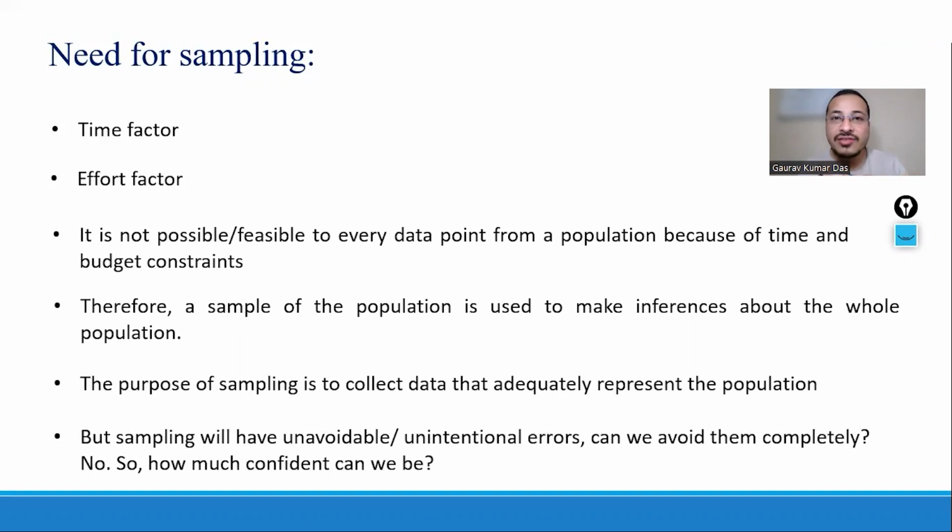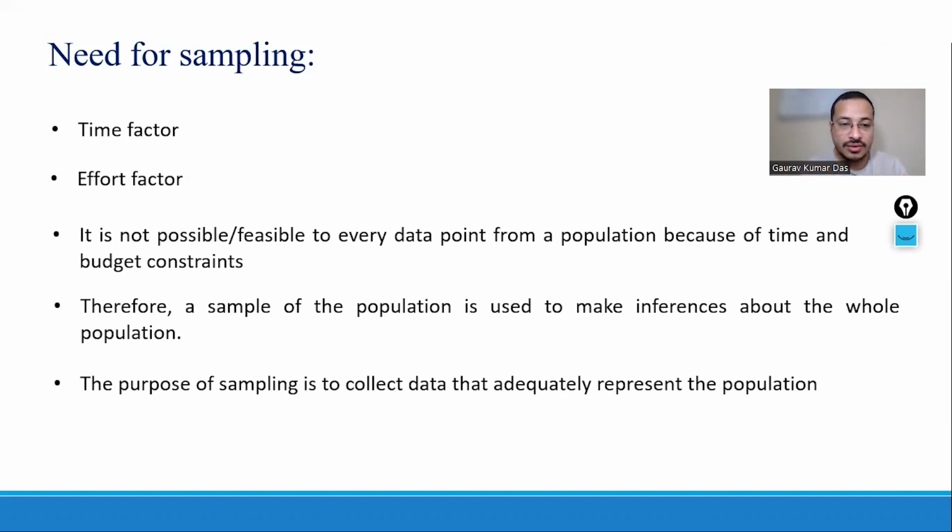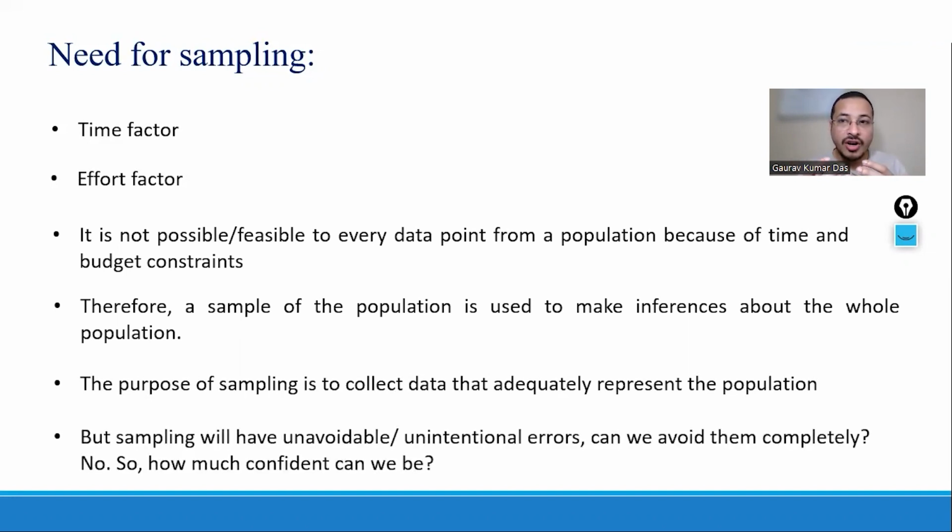But sampling will have some unavoidable and unintentional errors. Can we avoid them completely? What I mean by this is that, from a human perspective, whenever we are collecting data, be it manually, randomly, or through some mathematical technique, there will always be some unavoidable errors and unavoidable bias in it.